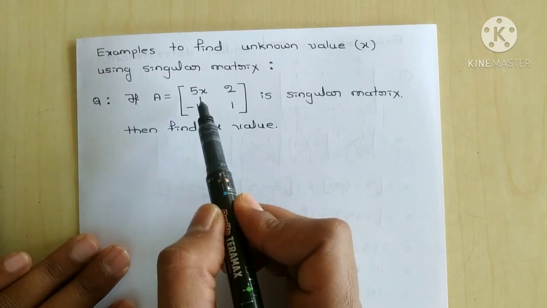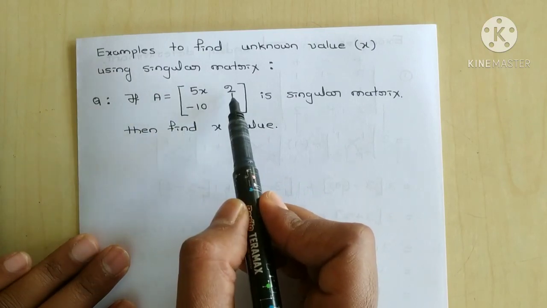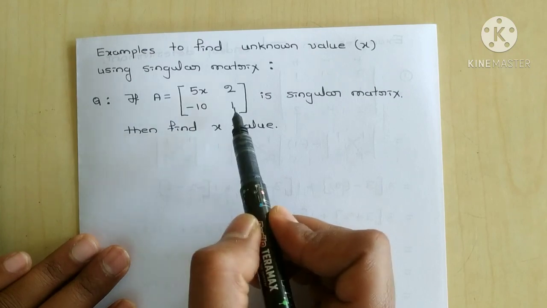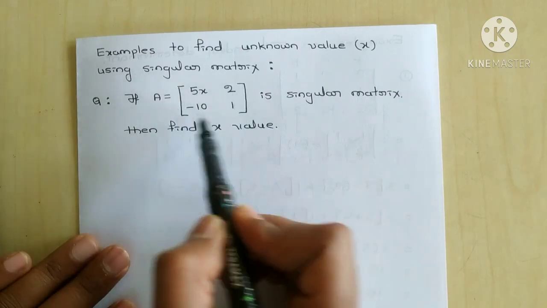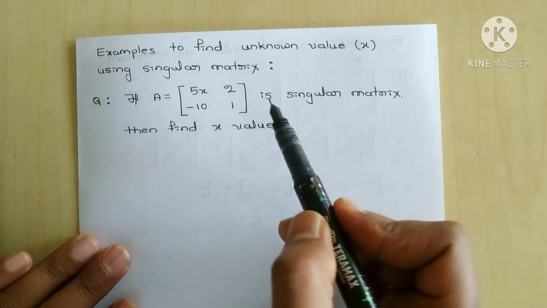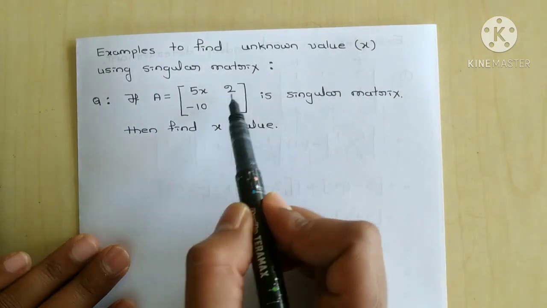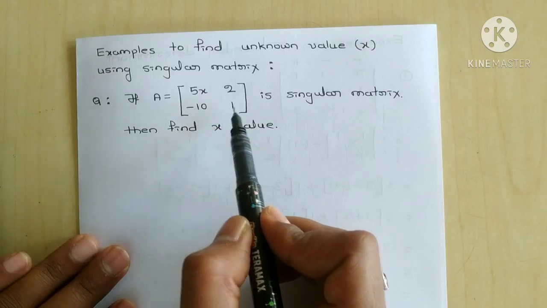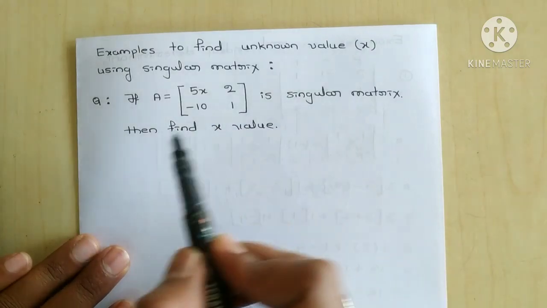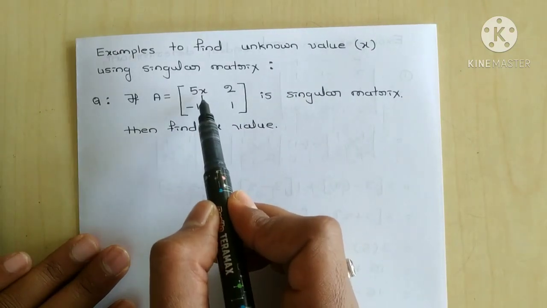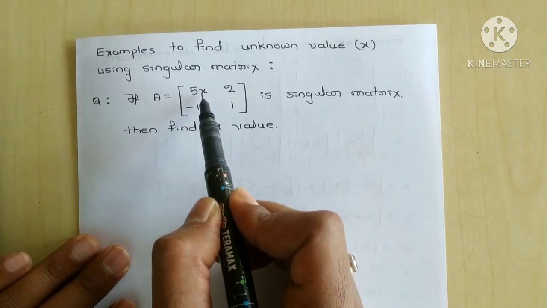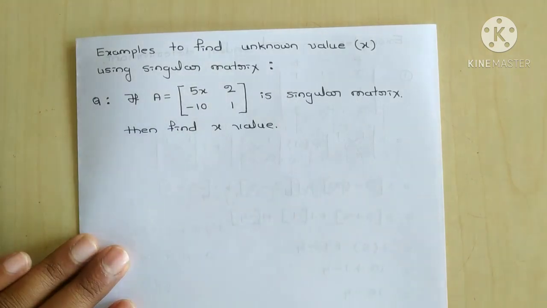So if A is equal to 5x, 2 in the first row, minus 10, 1 in the second row, this is a square matrix, and they are telling that it is a singular matrix. If A equals 5x, 2, minus 10, 1 is a singular matrix, then you need to find out this unknown x value.